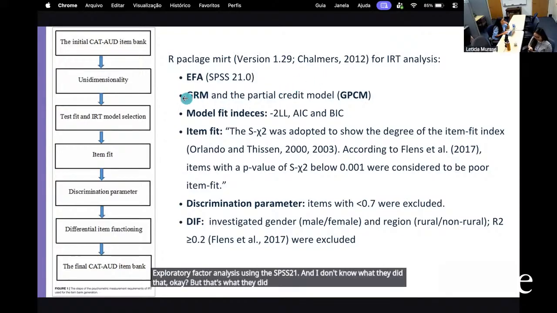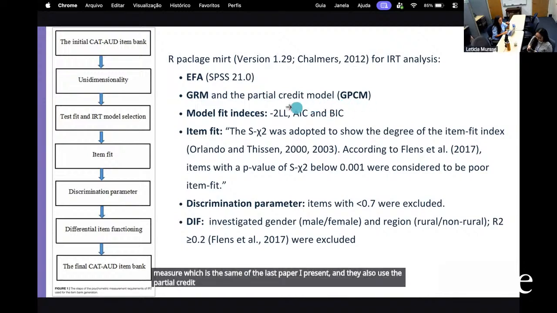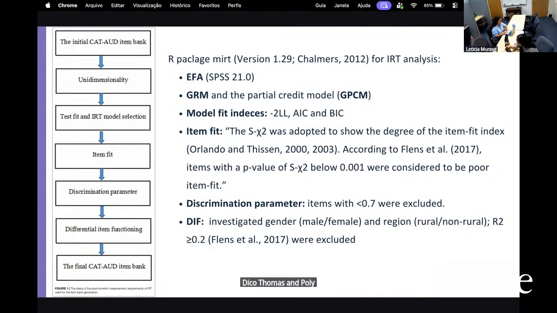And then for the IRT model selection, they used both the graded response model, which is the same as in the last paper I presented, and they also used the partial credit model, which is for when we have a mixture of items that have dichotomous and polytomous response categories.